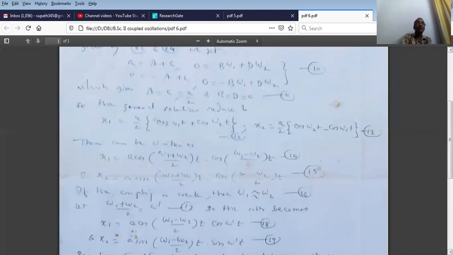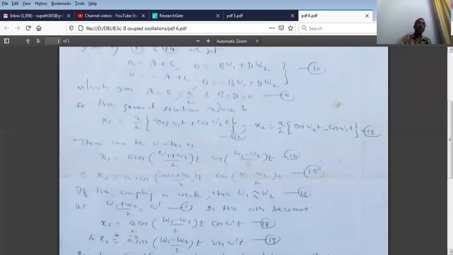Then we can write this as x1 equal to, because 2 on both the sides will go, a cos ((omega 1 plus omega 2) divided by 2 multiplied by t). This 2 comes in the bracket. Multiplied by cos of ((omega 1 minus omega 2) divided by 2) into t.